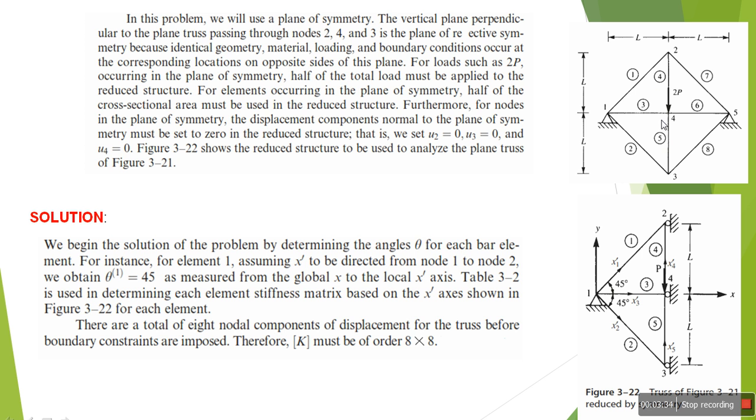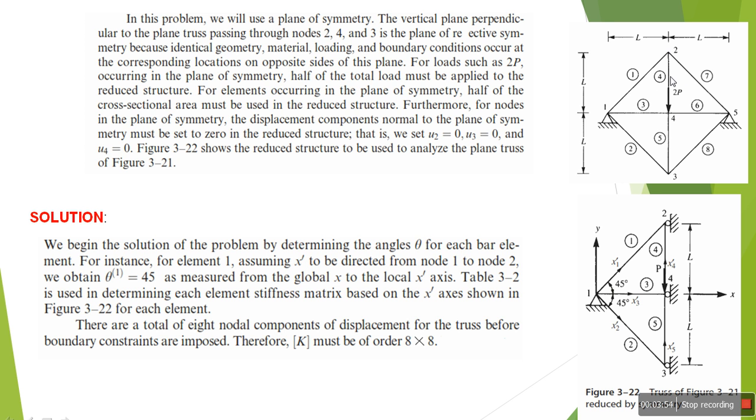here we have the plane of symmetry. That means this side is identical to that side. Half of the total load must be applied to the reduced structure.